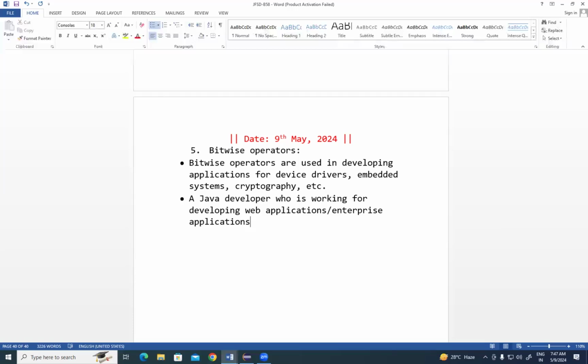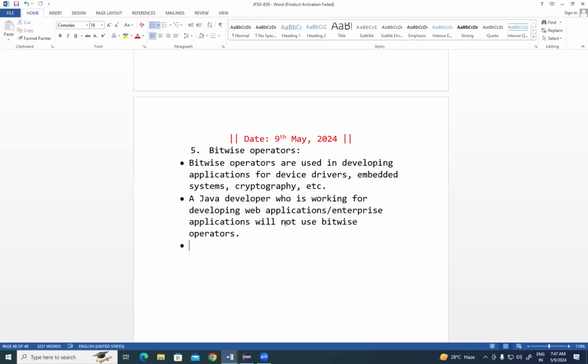Enterprise applications. So a Java developer who is working for developing web applications or enterprise applications will not use bitwise operators. Tell me tomorrow, once you completed this course in full stack development and you are ready for the market, when you're searching for a job, your job opportunity will be on developing either web application or enterprise application.